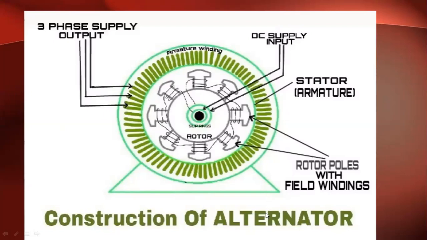I think you can observe the difference between a DC generator and an AC generator. In a DC generator, the armature winding is present in the rotor. In an AC generator, the armature winding is present on the stator. The rotor is here. This is called the rotor, and this is called the rotor winding or field winding. These are slip rings.